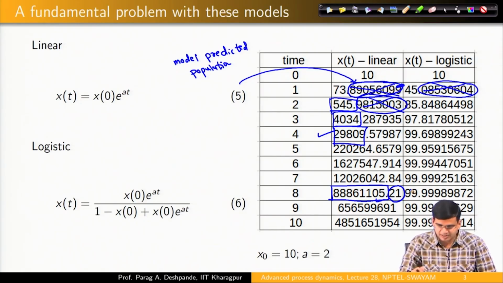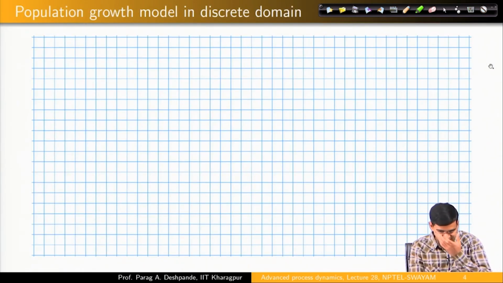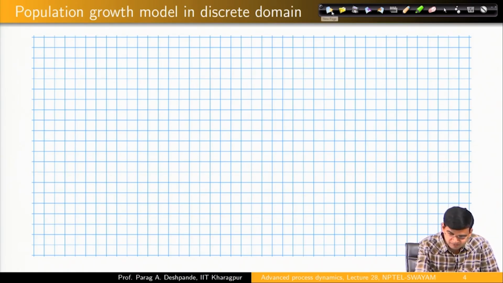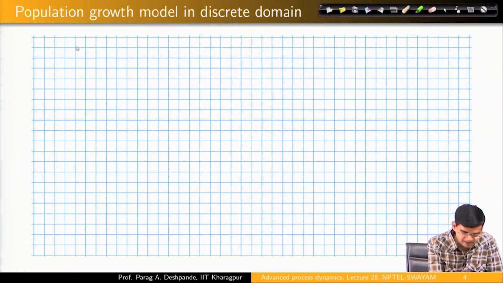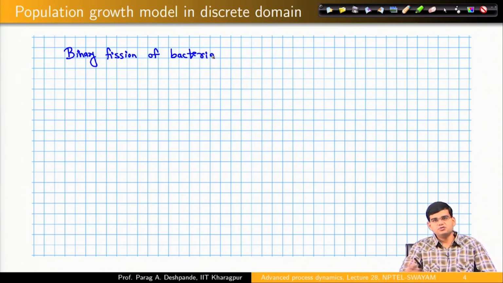I have another issue related to these models, and the issue is this, that imagine that I have binary fission of bacteria, and I want to now describe the dynamics of the population.